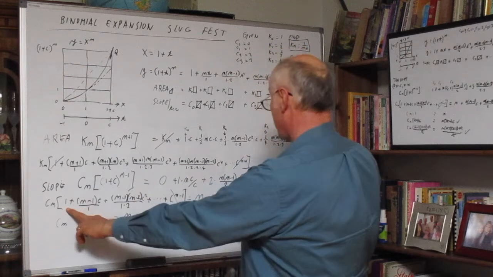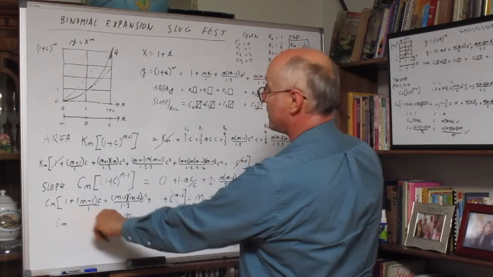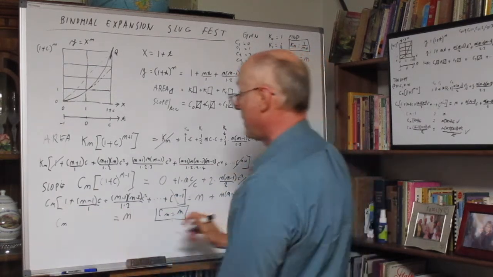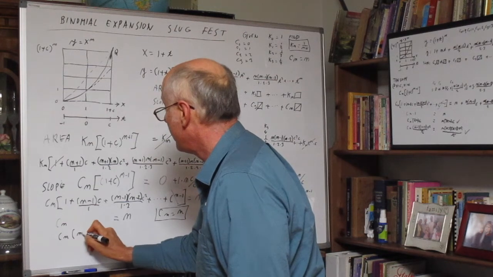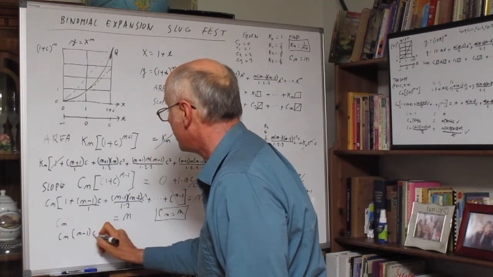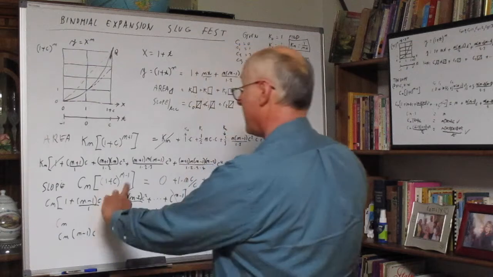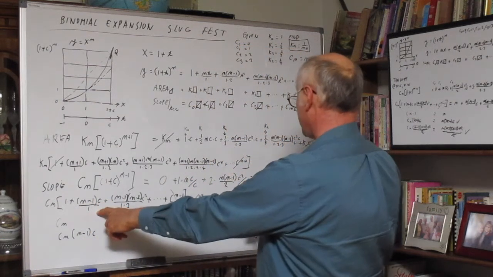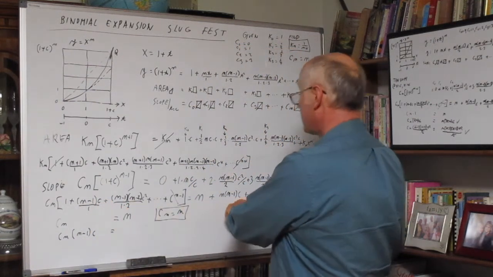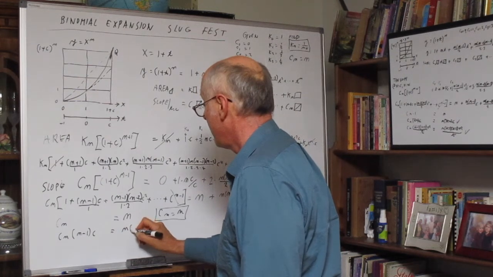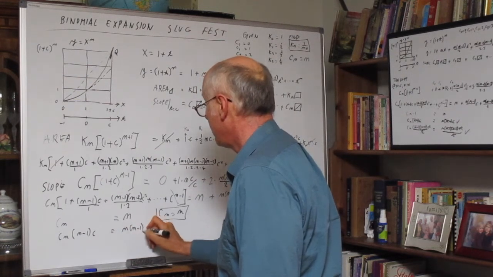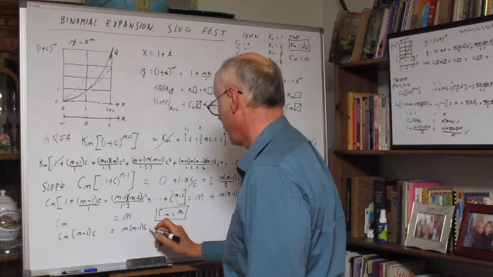Just from these two. Oh, let's collect our c terms. C sub n minus 1 times c equals, on this side, so where's the c term here? n minus 1 c. n minus 1 c.